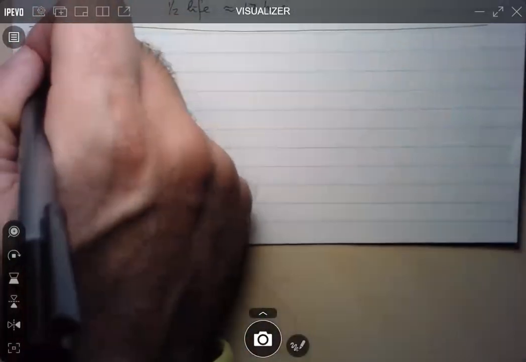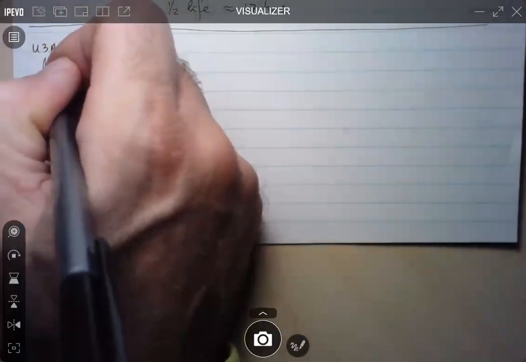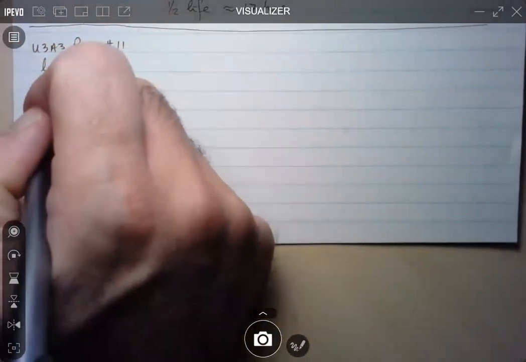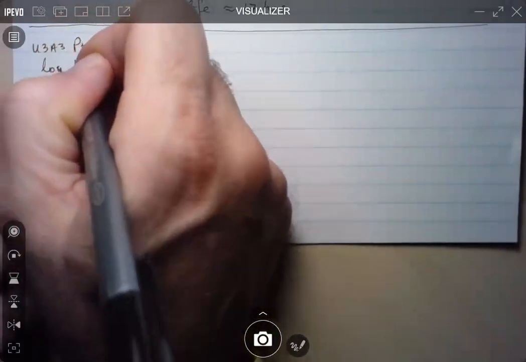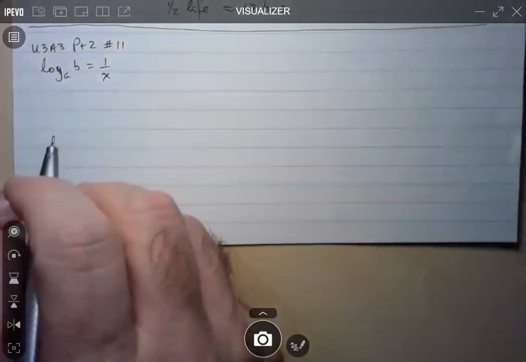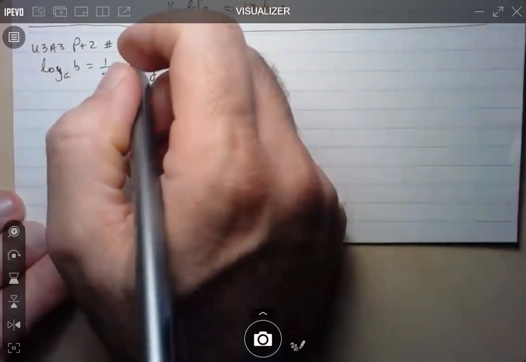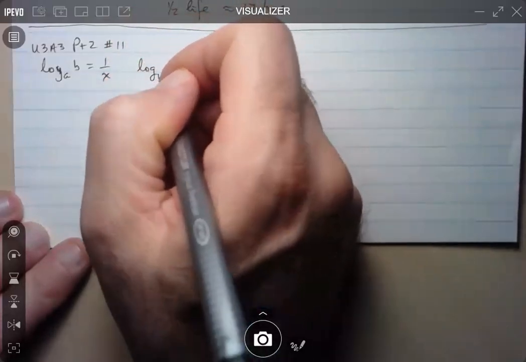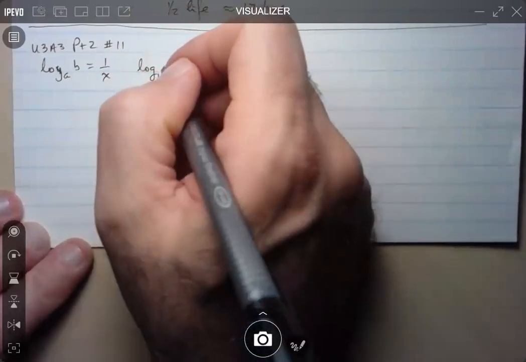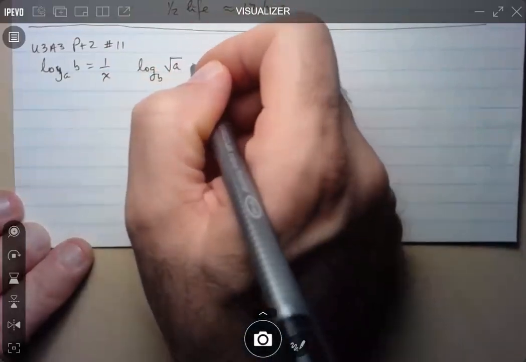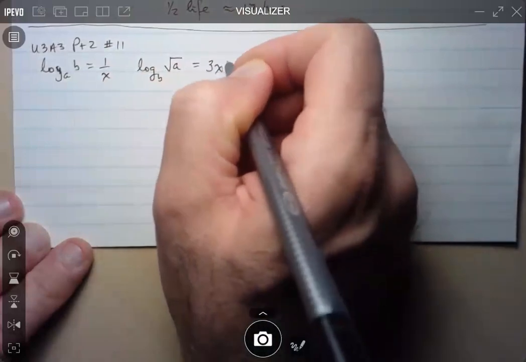Okay, so what they tell us is that log base A of B is equal to 1 over x. They tell us that this is true, and they tell us that log base B of root A is equal to 3x squared.